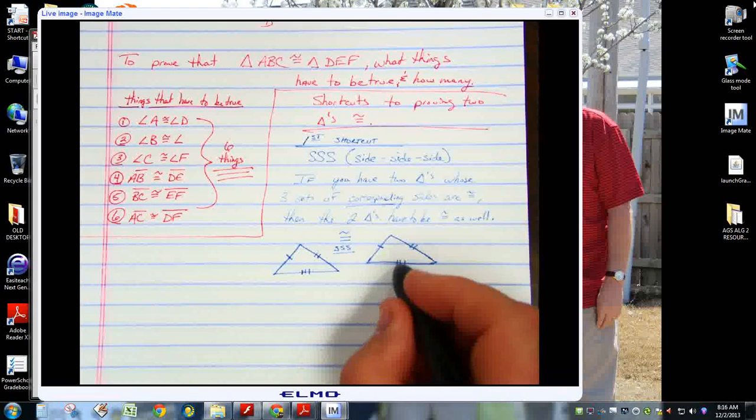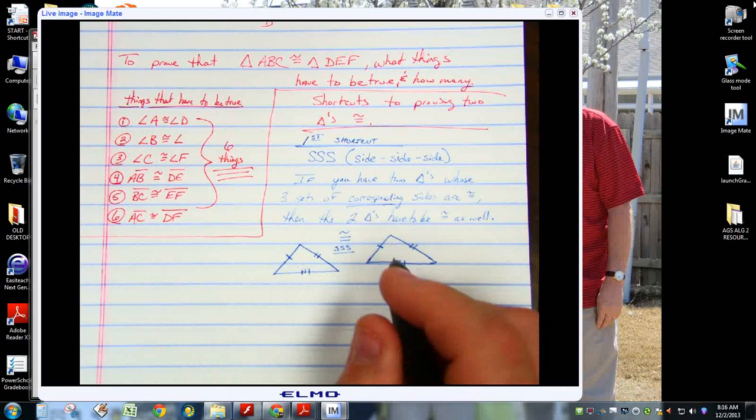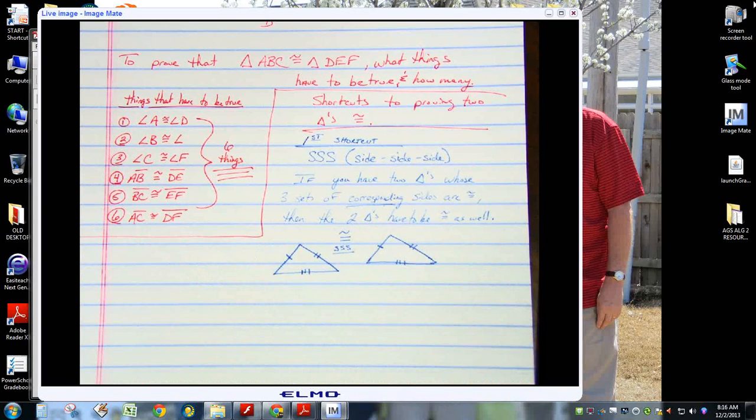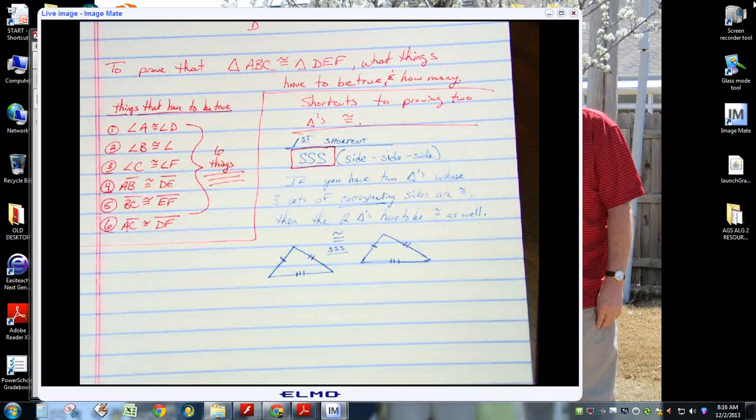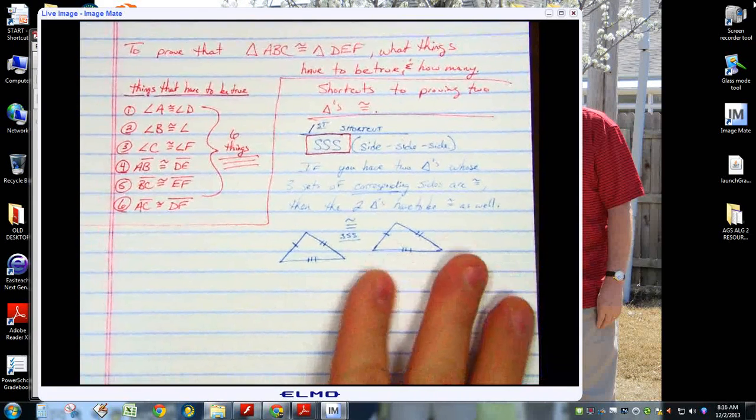This side corresponds with this one and they're what? Congruent. So everything we're going to do here is comparing two triangles. So in each set we're going to have to talk about the sides that correspond. Okay? So your first big shortcut is what? SSS. So any time I prove that all three sets of sides are congruent, the triangles are congruent.